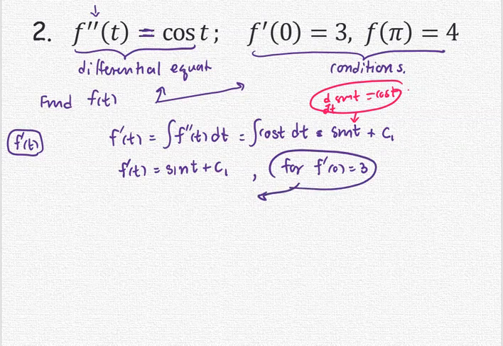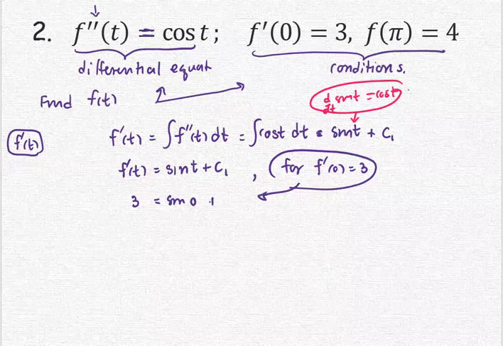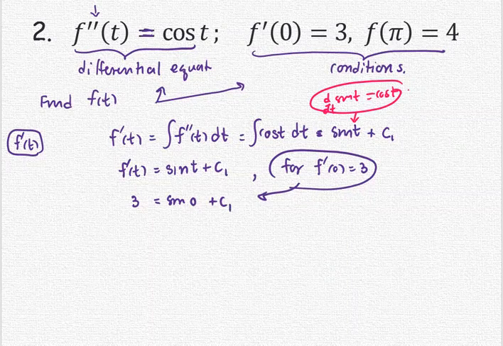We replace f prime at t with 3 on the left hand side, and t is replaced with the value 0 to obtain c1. Sine at 0 is 0. Now we have c1 equals 3. Then we get the first derivative f prime at t in the form of sine t plus 3.